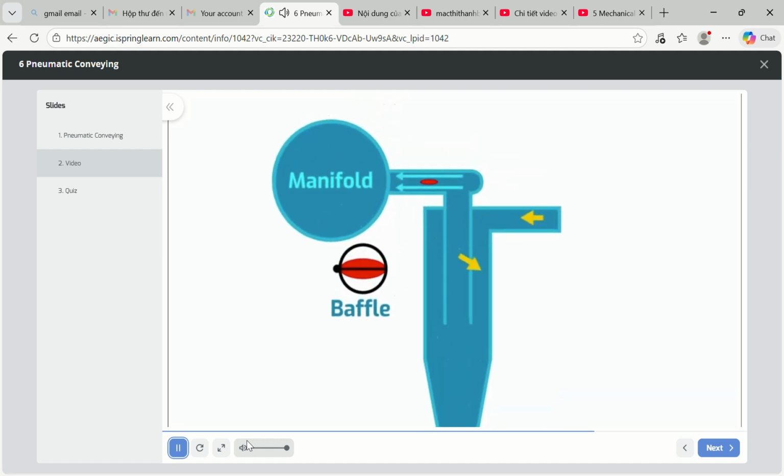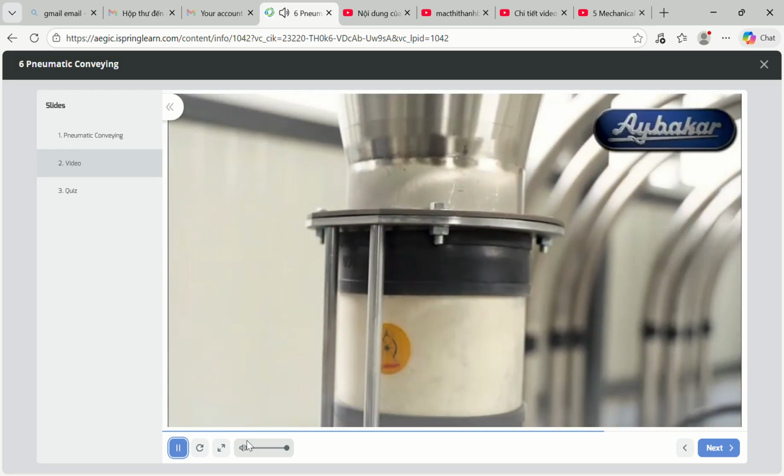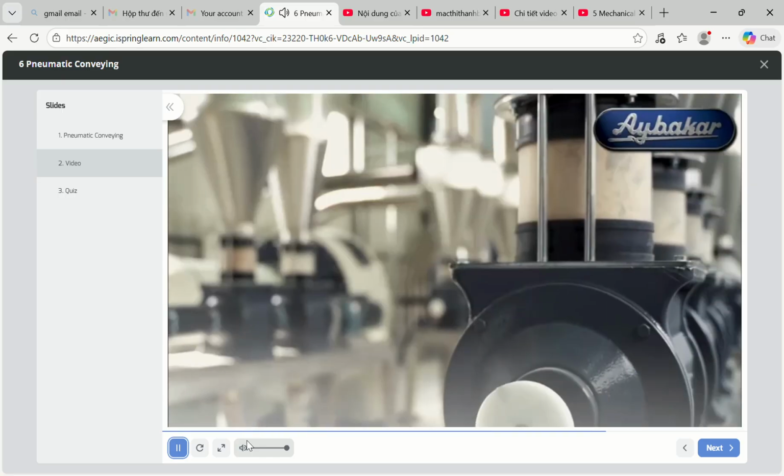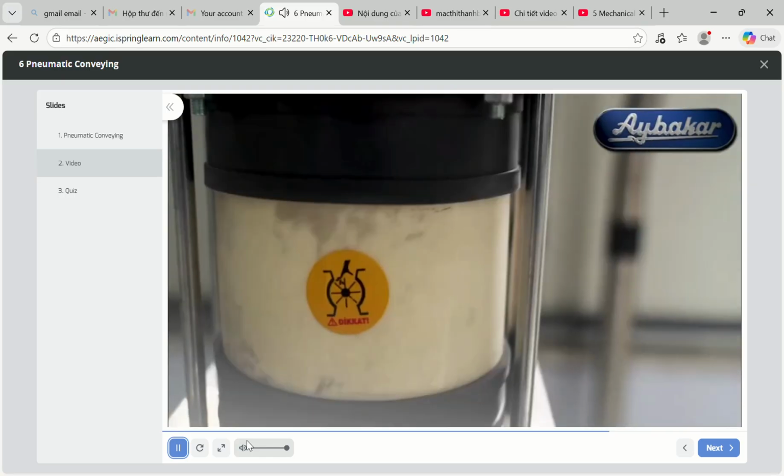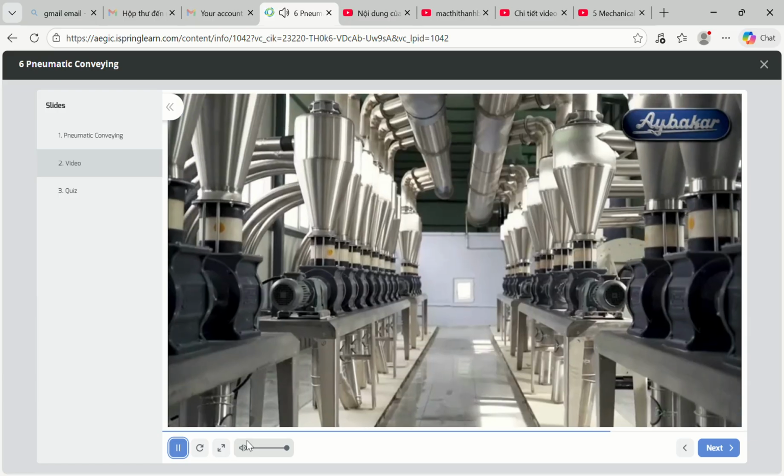These baffles are adjusted so that the air current is strong enough to pick up the stock, but not so strong that the stock is sucked into the manifold. The stocks can be seen spiralling downwards in the sight glasses. Excessive spiralling suggests that too much air is being used.